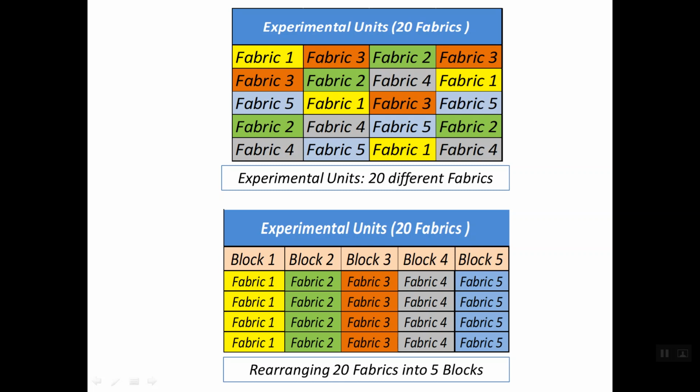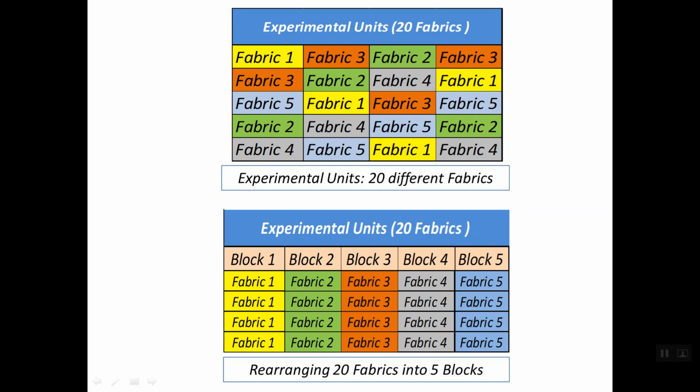For example, we group fabric 1 in one block, which is called block 1, and we group fabric number 2 in another separate group, which is called block 2, etc. As you see here, inside the block itself there is homogeneity between the units, but between the blocks there is heterogeneity between the units.